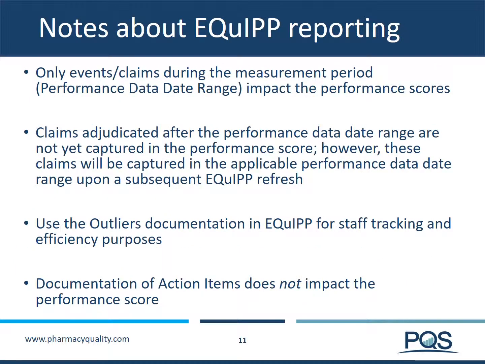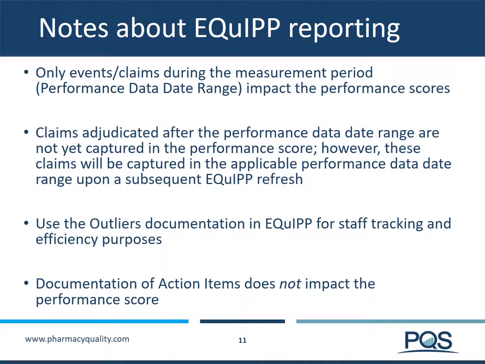A few notes about EQuIPP reporting. Keep in mind that only events or claims that occur during the measurement period truly impact the performance score. Your actions, although important, do not affect the performance score. Claims adjudicated after the performance data date range are not yet captured in the score.